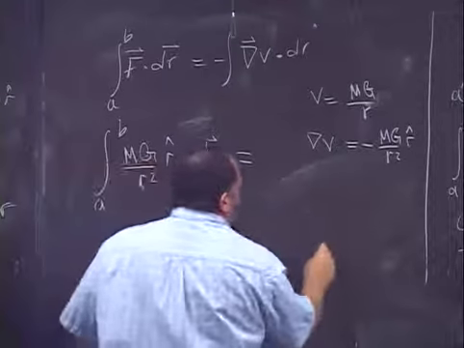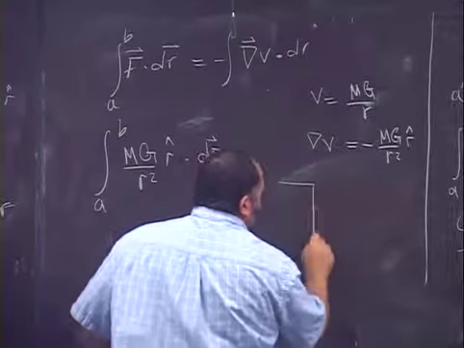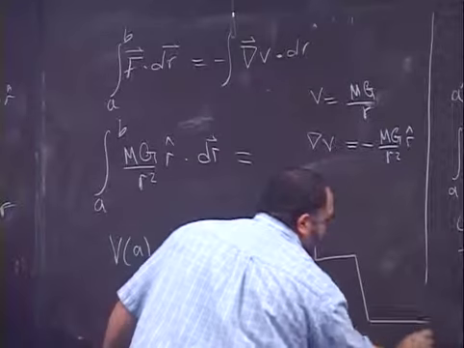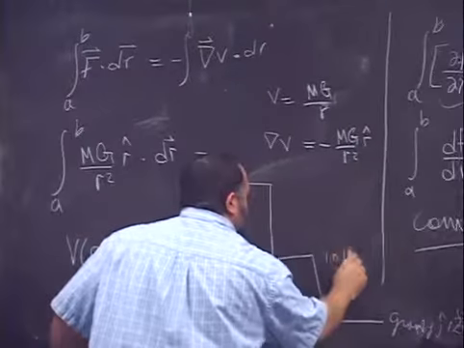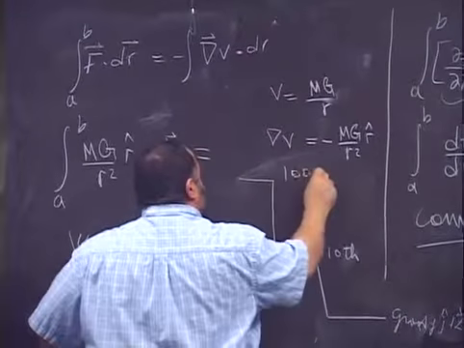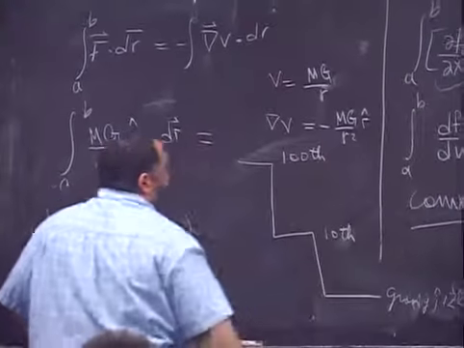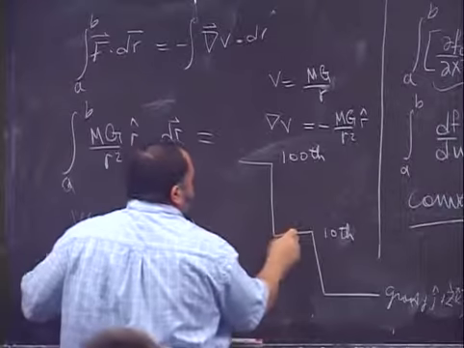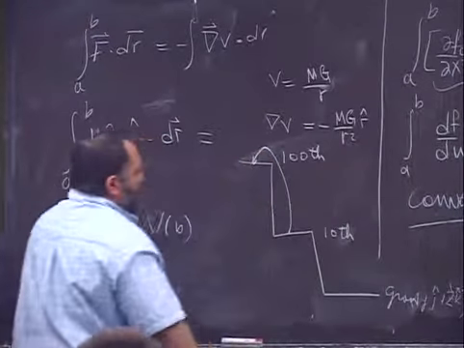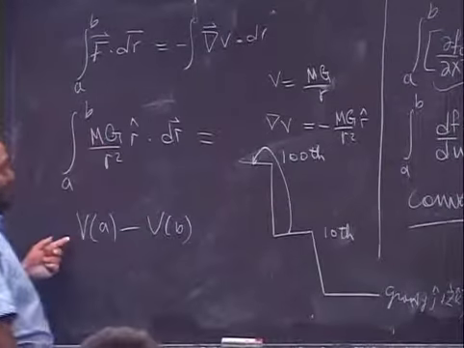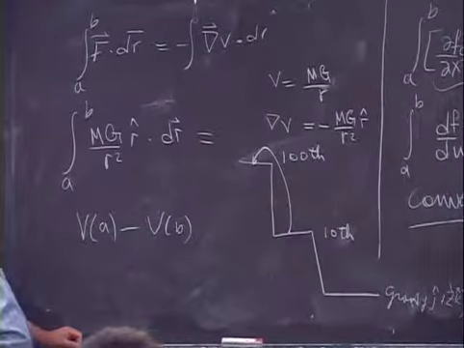When I asked you, a guy was, this is ground, and this is 10th floor, and this is 100th floor. A guy takes the elevator from the 10th floor to the 100th floor. So I asked you, what's the potential difference between those 2 points?